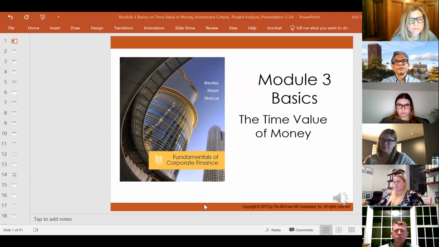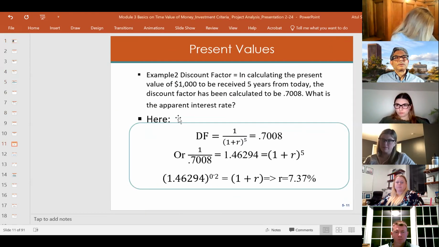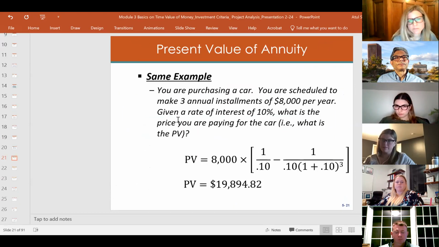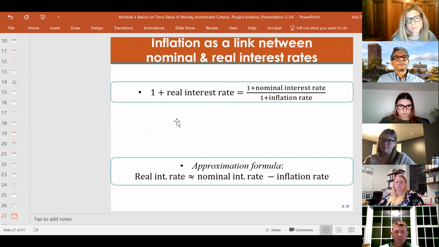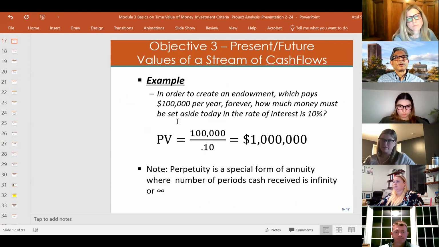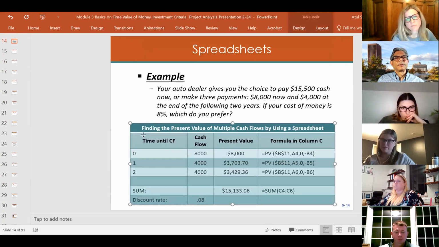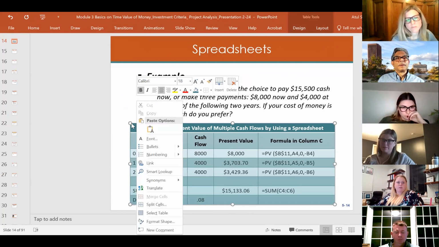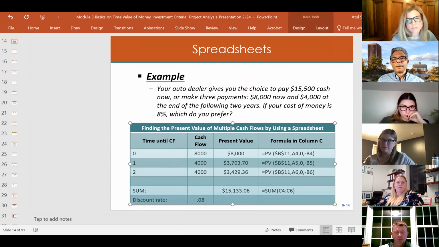Now what I'm going to do is scroll down to the auto example, this example. Copy. Now I'm going to paste it.